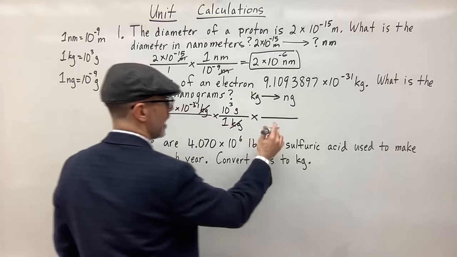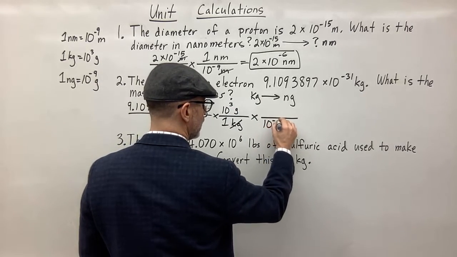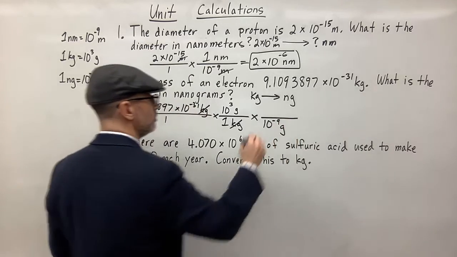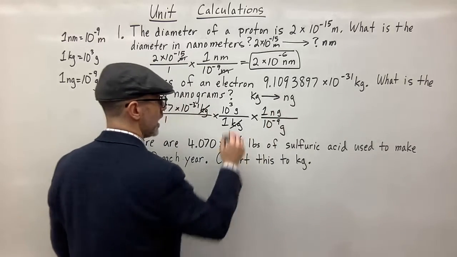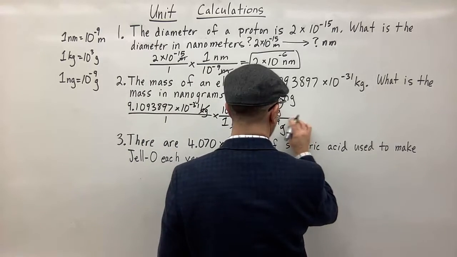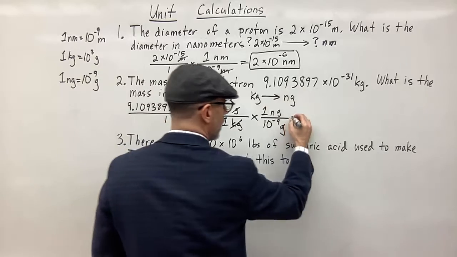Grams is on top, so I'm going to put 10 to the negative 9 grams on the bottom, and 1 nanogram on top. So grams cancels out, and I've got nanograms. Nanograms is what I want, so now I am done.